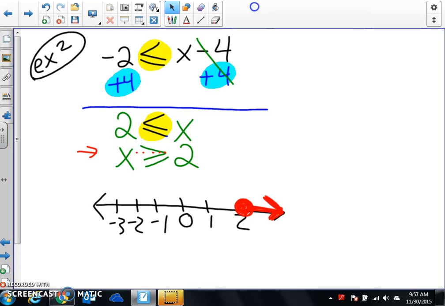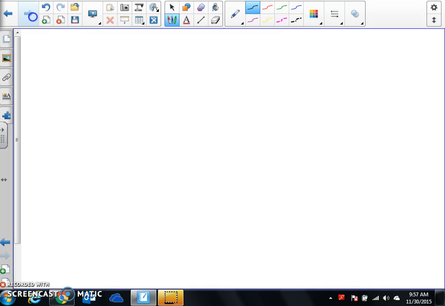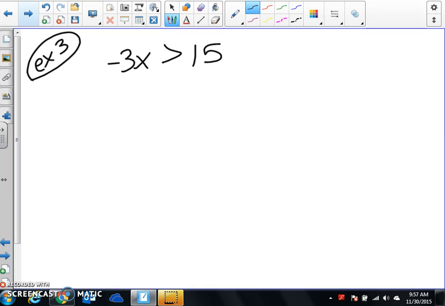All right, next one. Example 3. Negative 3x is greater than 15. All right, so this is negative 3 times x. The opposite of multiplying by negative 3 is dividing by negative 3. Draw my line, I stop.